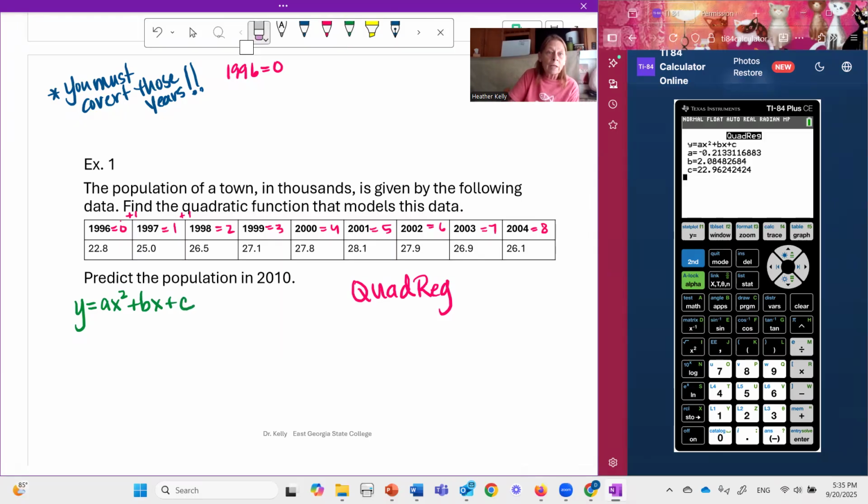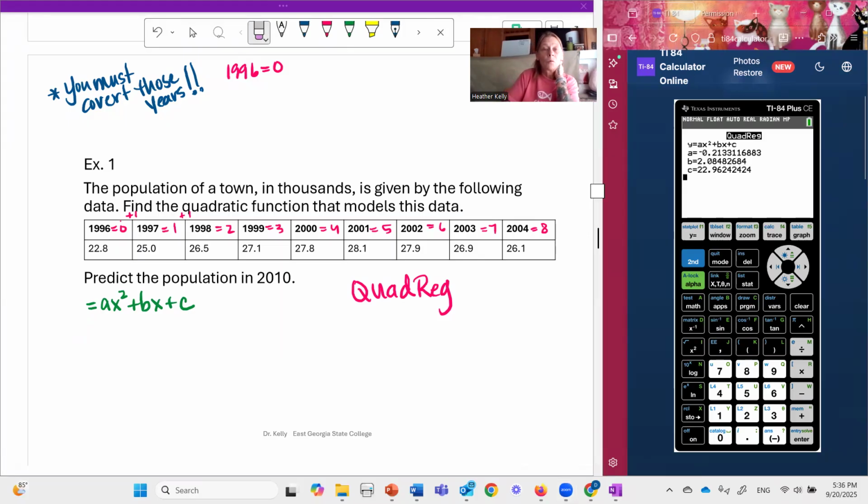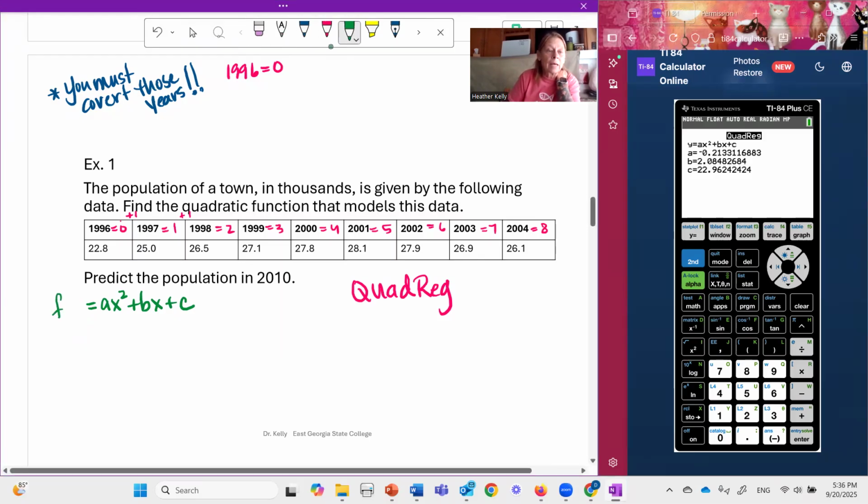Now remember, we're going to get rid of the y here, and we're going to use f of x, right? Because that'll put it in the right function notation.